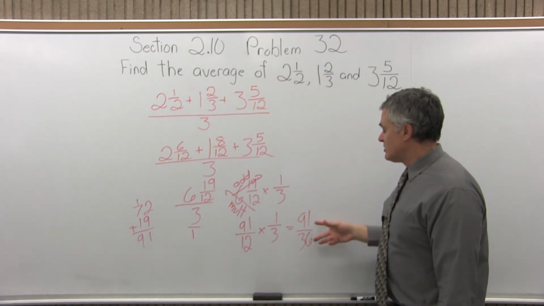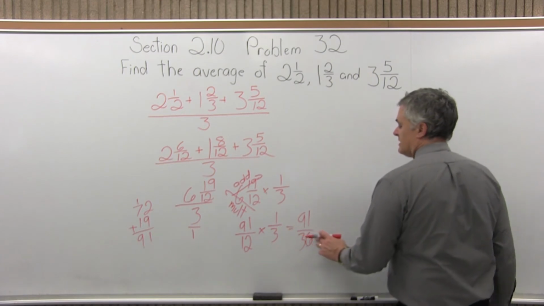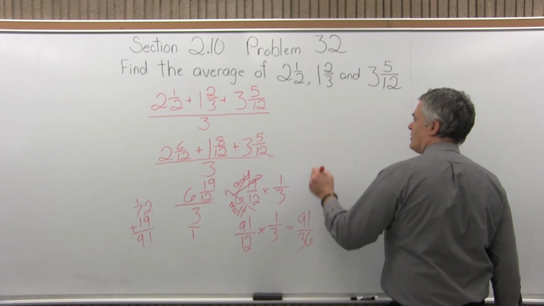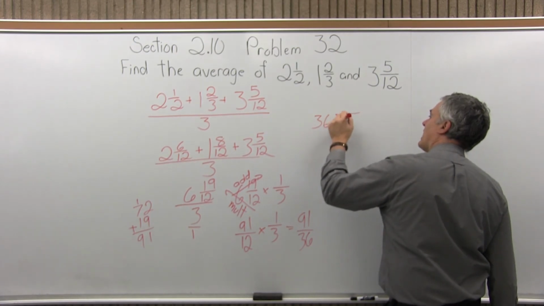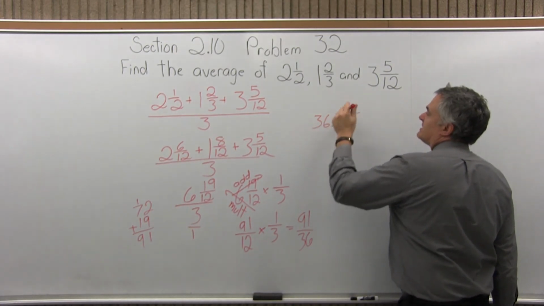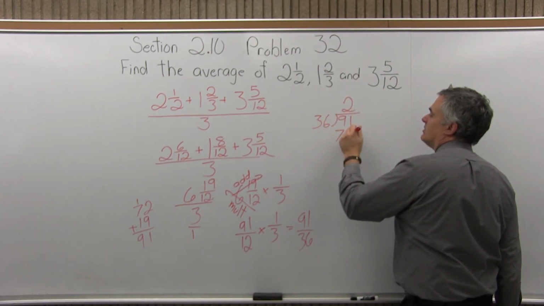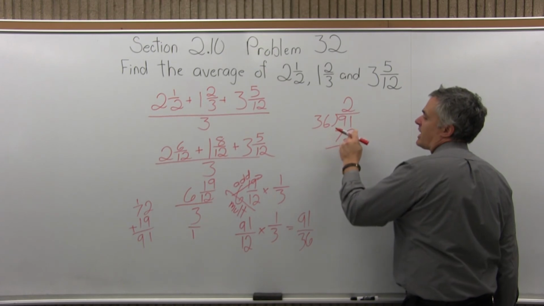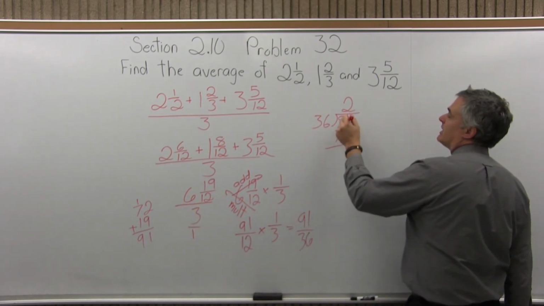If your teacher prefers that you write it as a mixed number, what you would have to do is set up a division. The denominator of 36 divides into the numerator of 91 how many times? Find the remainder. 36 times 2 will get me close. 36 times 2 is 72. Now if I subtract, I happen to have the answer here, I know it's 19, but you can do it again.